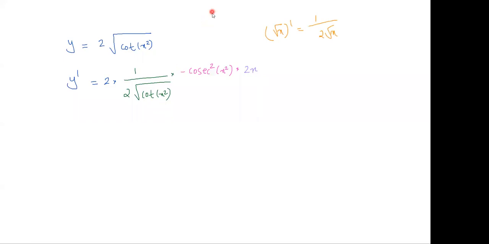Again cot x square, that means it is of the form cot x form में था, so cot x का derivative minus cosecant square x, that is why here minus cosecant square x के जगह x square था, then again जो हमने x square को single time consider किया था उसका derivative से multiply किया, that's all. So 2 कट हो जाएगा, then minus 2x cosecant square x square divided by under root cot x square. That is the answer.